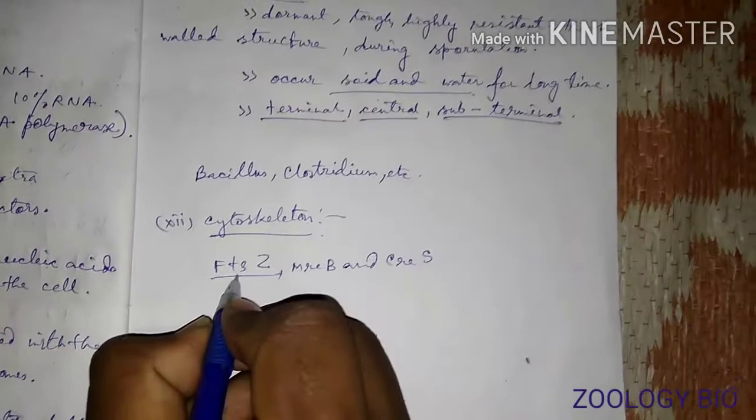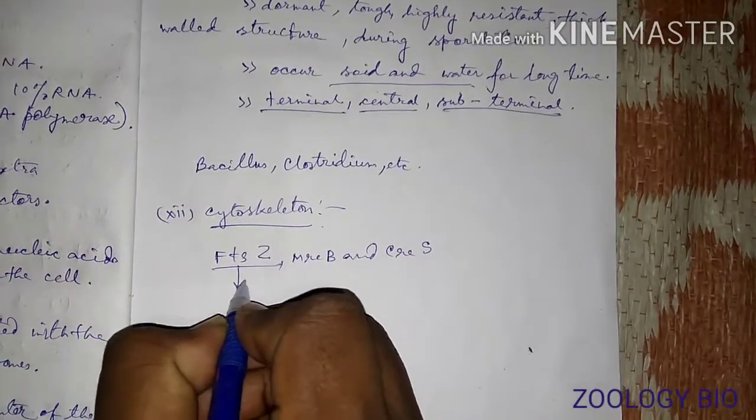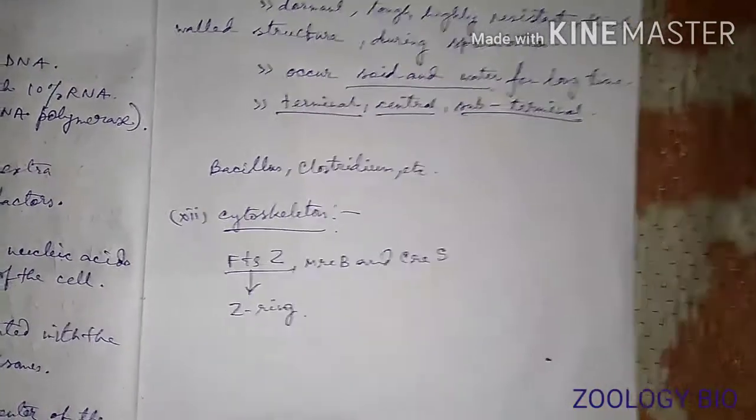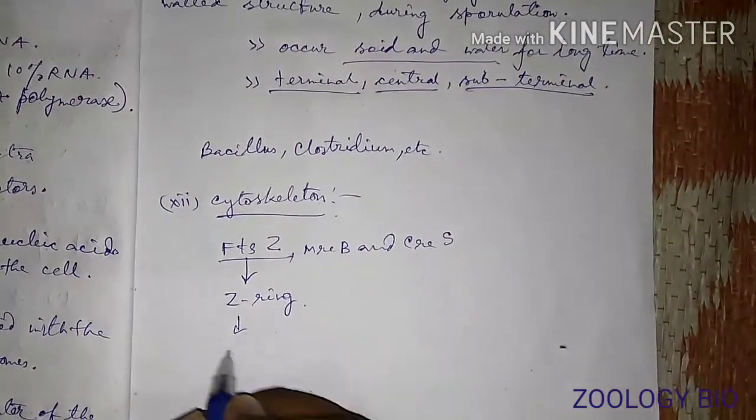FtsZ assembles into a Z ring at the cell division site.